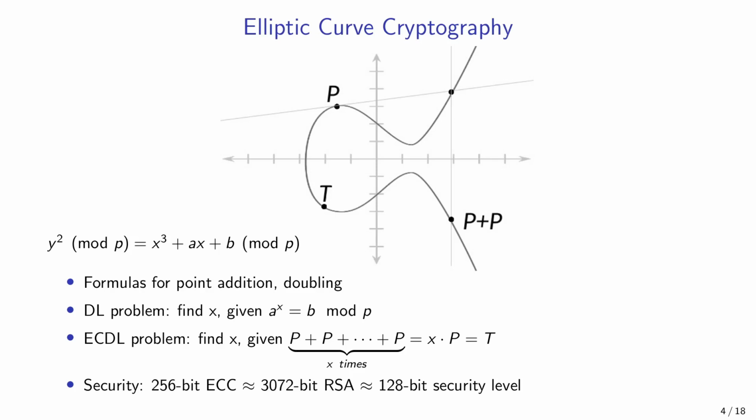But we don't have any good algorithms standardized yet. Note that because of the shorter key size, ECC is weaker than RSA against quantum computers. So we can expect that first a quantum computer will be built that will break 256-bit ECC, and only then one that can break 3072-bit RSA.